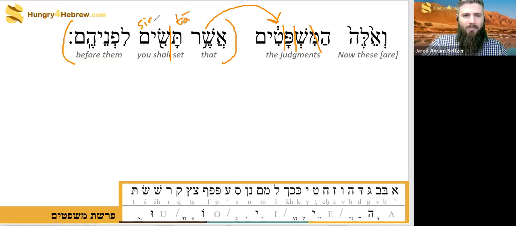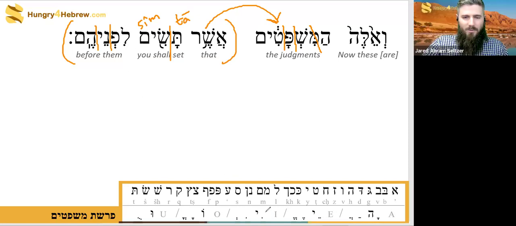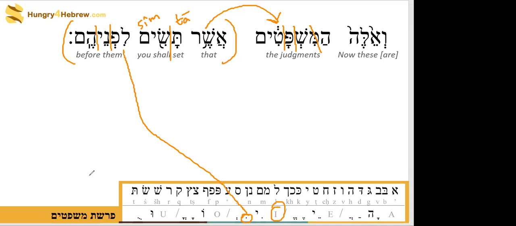There's your sim. And then lifnei. Wait, what vowel is this one? Sorry, this one right here. It's going to be an E sounding vowel. Lifnei.